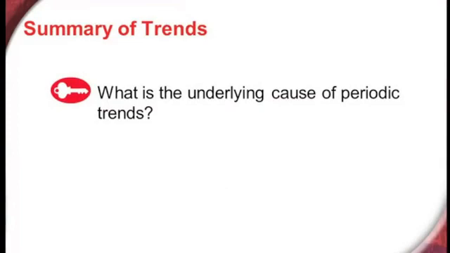Oh, you're back. Okay, welcome. So the objective in this video is to go a little bit deeper and try to identify the underlying cause of periodic trends. So we've been talking about three properties mainly so far among the elements.